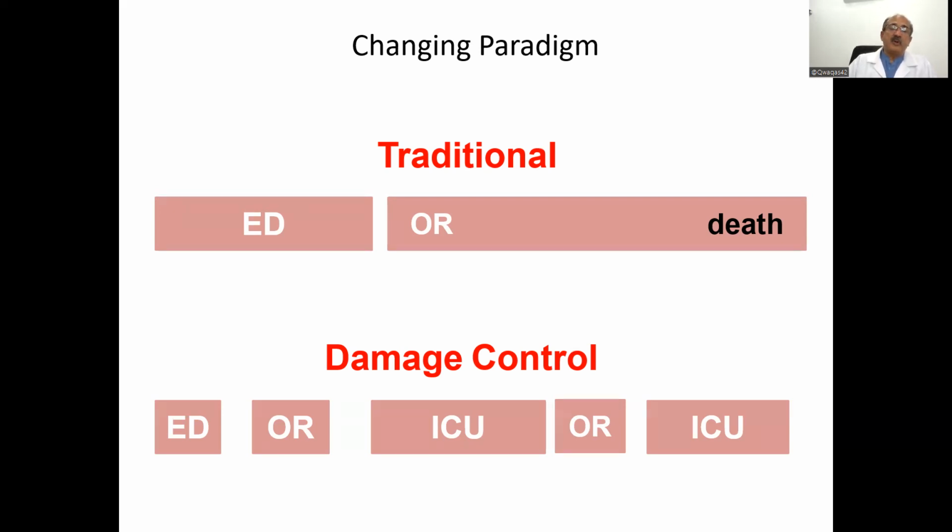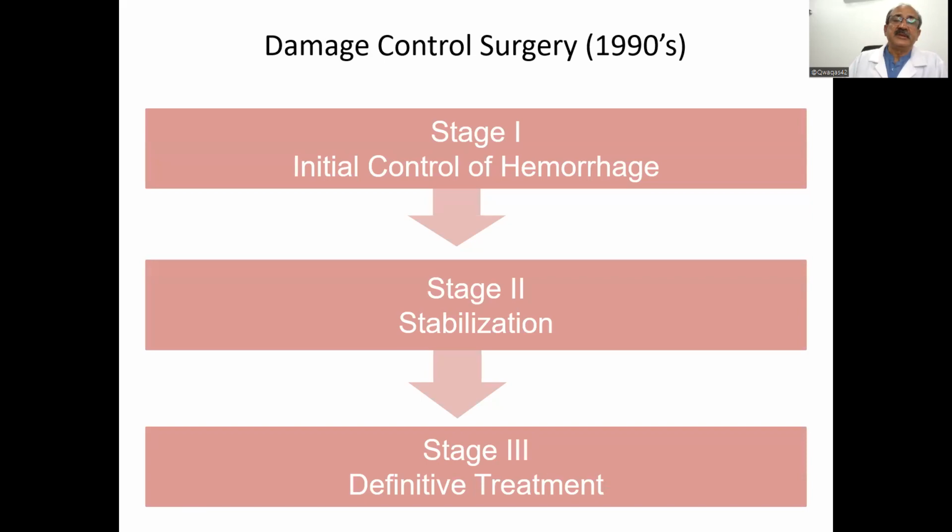Now, with the evolving damage control system, we do resuscitation and treatment simultaneously in the emergency department and the OR. The patient is transiently shifted to the ICU for further management, and later for the definitive surgery, again brought into the OR and finally to the ICU.